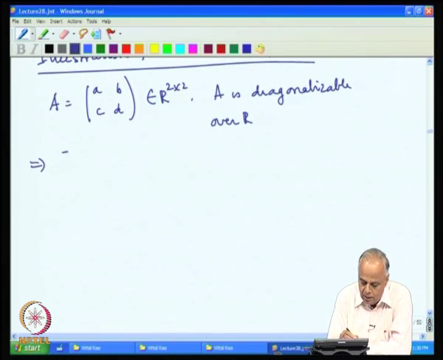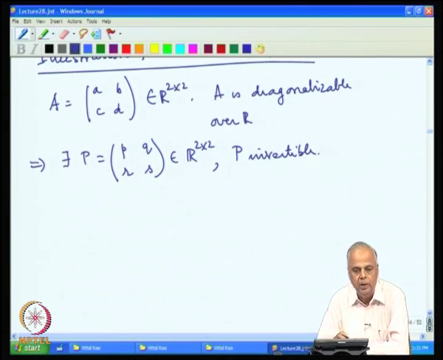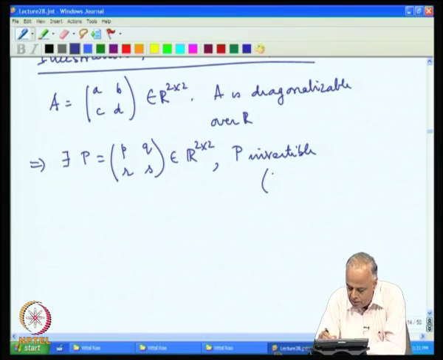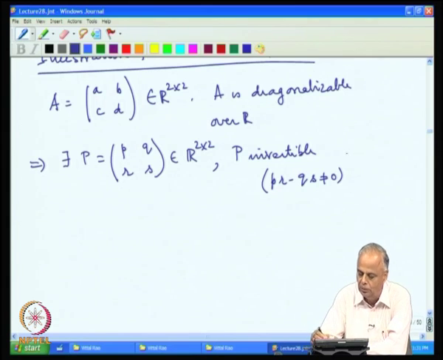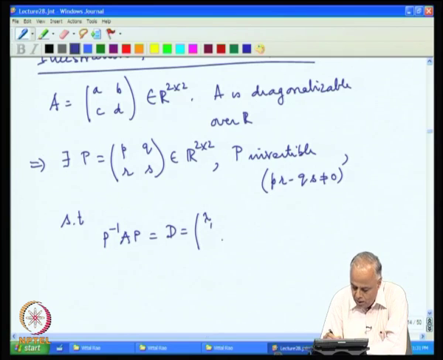This implies there exists P, let us call it P Q R S belonging to R 2 cross 2, P invertible. What does P invertible mean? The determinant is not 0. So, P S minus Q R is not equal to 0, such that P inverse A P is equal to a diagonal matrix, let us call that lambda 1, lambda 2.